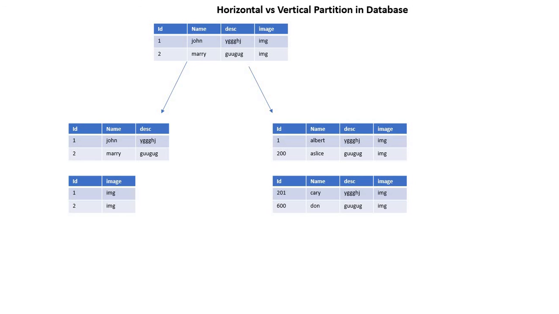Horizontal is splitting the table based upon the data: the first 100 employees go to one, the next 100 go to another, and so on. That way, you just keep increasing the number of tables. Hope you are all good with horizontal and vertical.